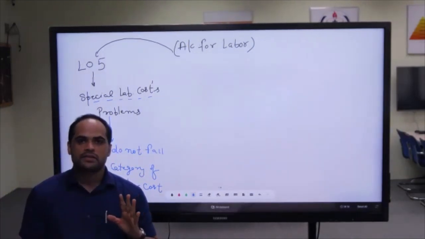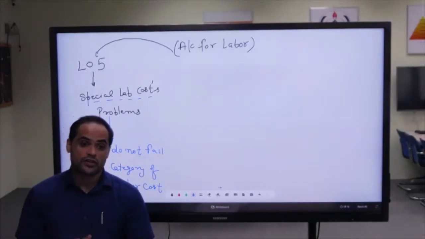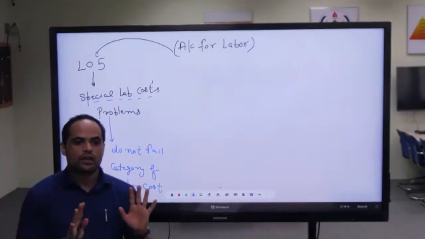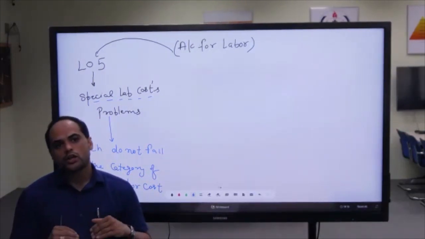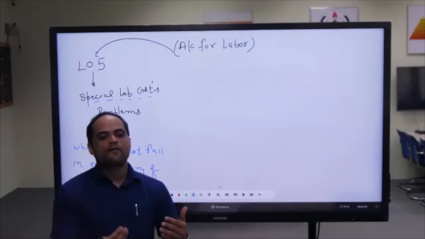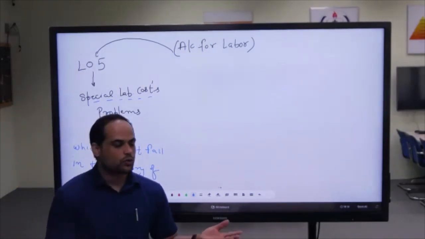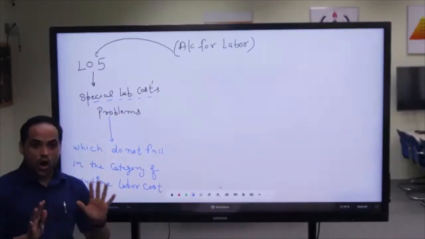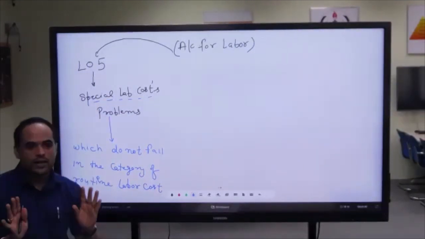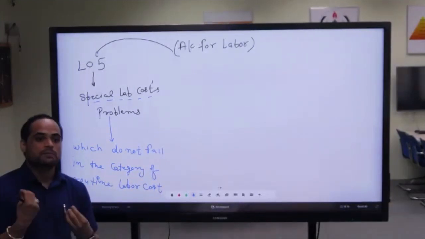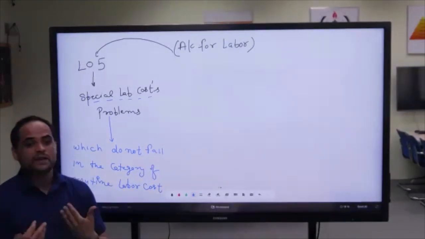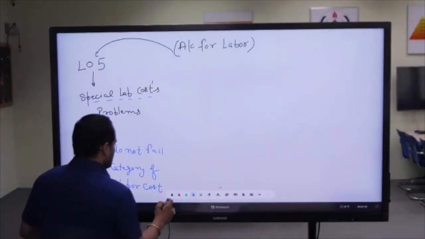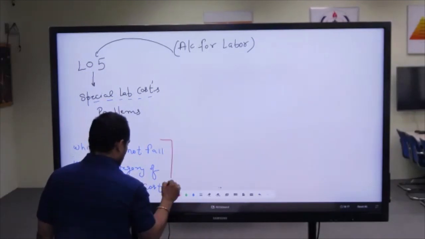All right, some kind of additional labor cost. It's not a normal routine of the business. All right, so such kinds of labor costs may not be paid to every worker, right? So these kinds of labor cost are not received by everybody in an organization, only some special people, all right? So that's why we call them special labor cost, right? What are the categories of that kind of thing?